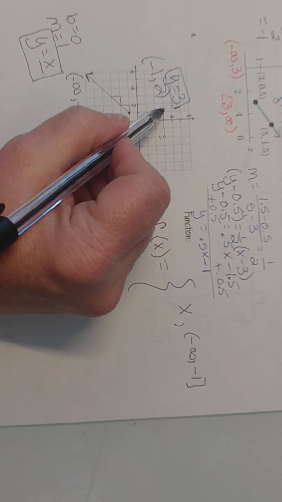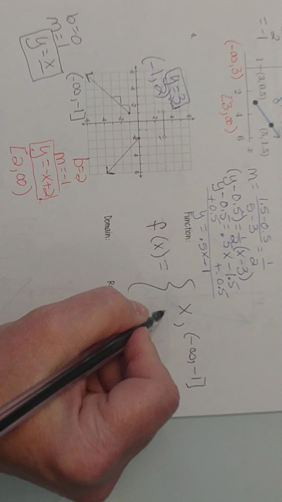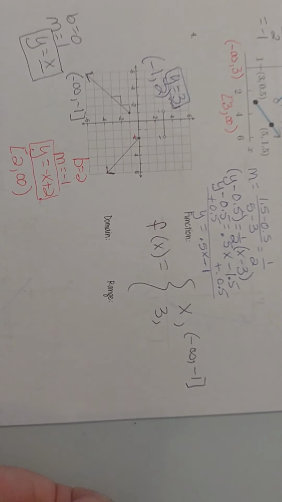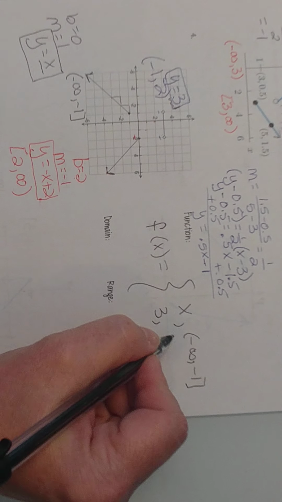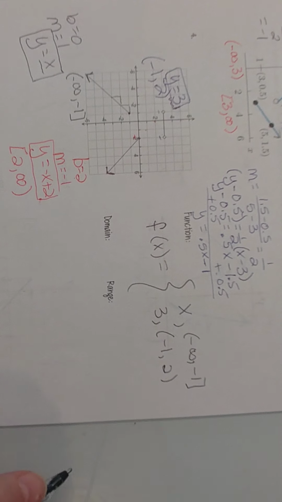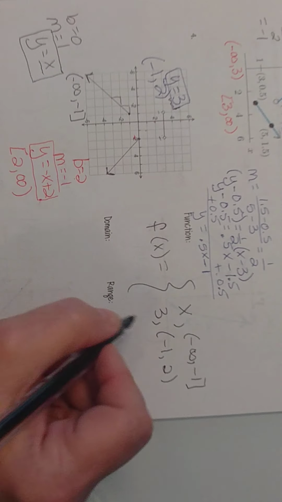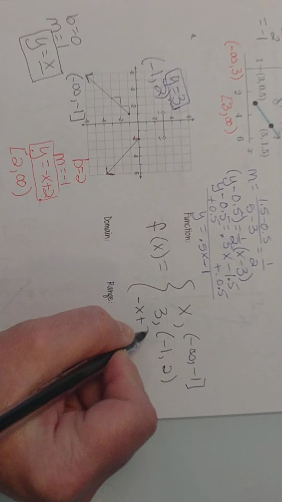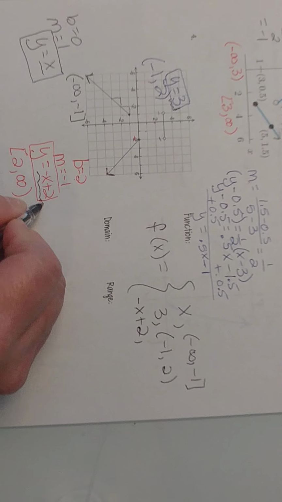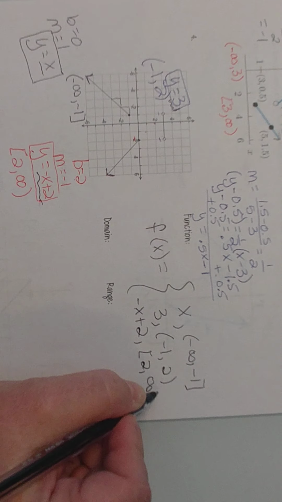And the second piece that we come to is y equals 3, over the interval (-1, 2). And then our last piece is -x plus 2, over the interval [2, infinity).